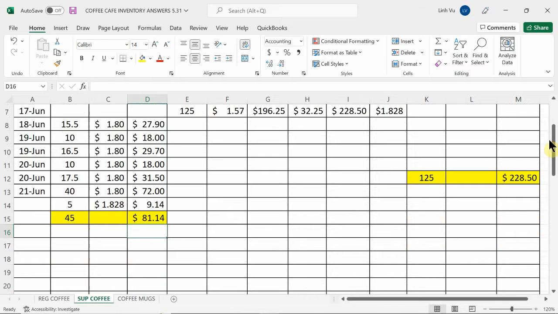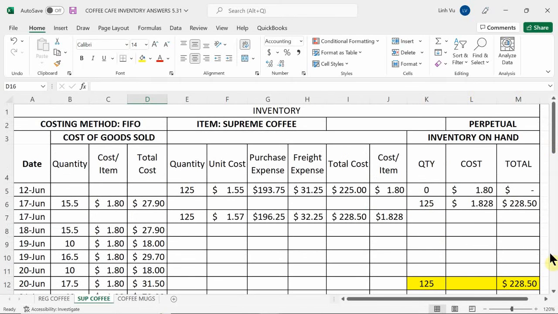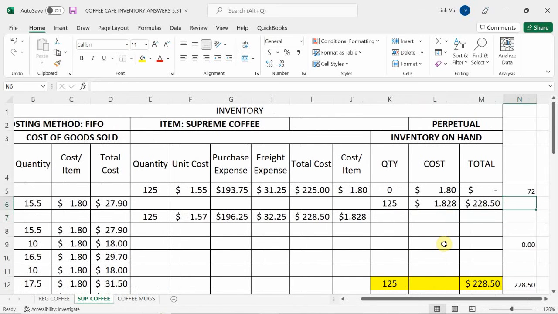So let's update my inventory and make sure that the calculation was correct. That was $9.14 that we just sold. The batch began at $228.50, and if I sold just 5 pounds, that leaves me with 120. So I got $219.36. Is that true?